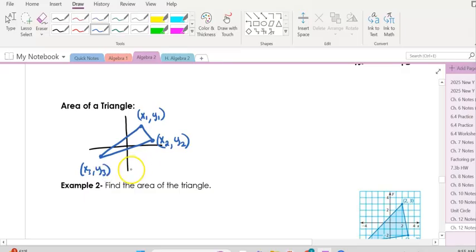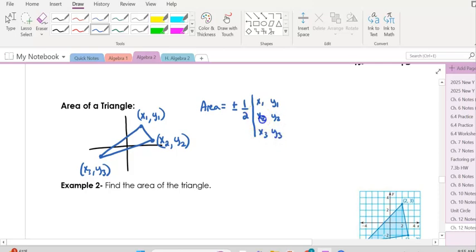So when you want to find the area of a triangle, you do the area equals plus or minus 1/2 times the determinant of the points. And how you put the points in, you put x1, y1, x2, y2, x3, y3.